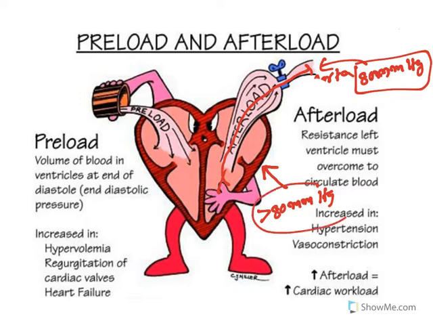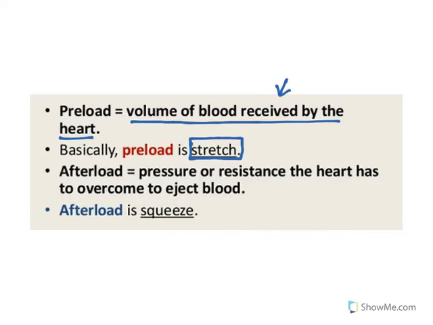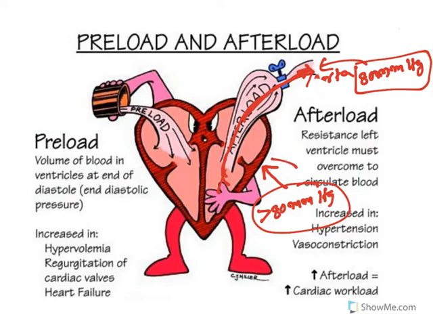You need to generate more than that pressure, then only will blood be pumped out of the heart. And this is what is known as afterload. So technically afterload is the pressure the heart has to overcome to pump or eject the blood. It is squeeze. That means the heart has to squeeze forcefully, contract forcefully, then only blood goes out of the heart.